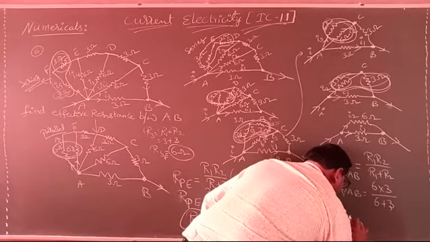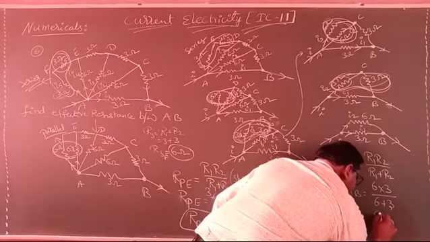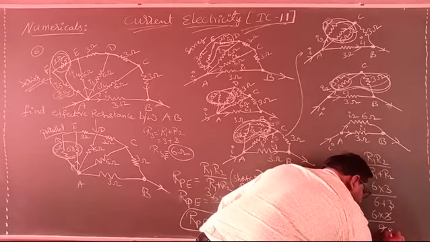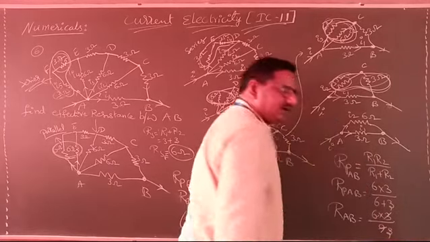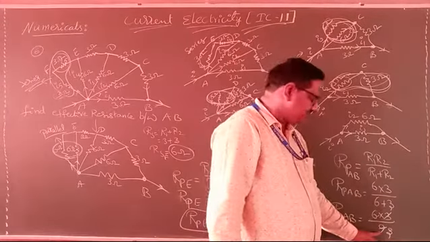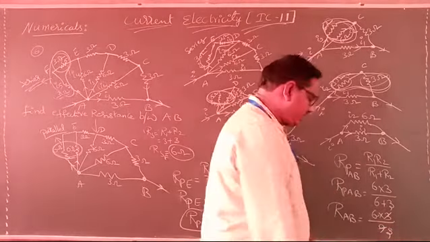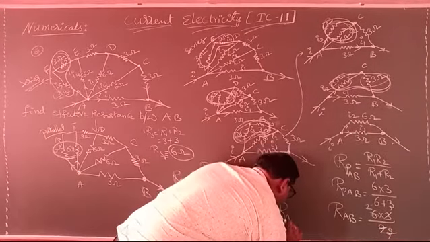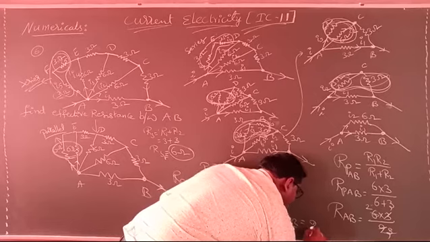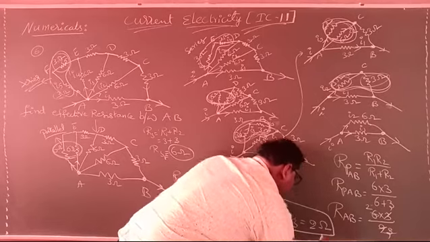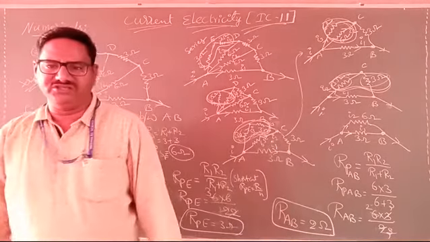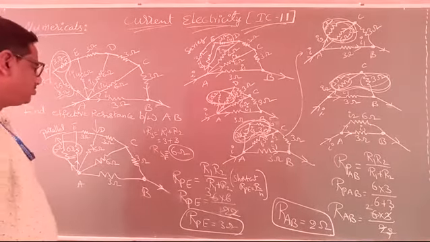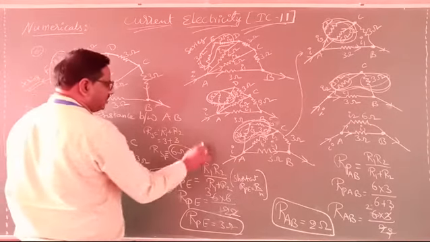So RAB equals 6 into 3 by 9. Here 3 times in 9 will get cancelled, so 3 will be here in 6, 2 times. So the final answer RAB, effective resistance between A and B, how much is it? 2 ohms. The circuits will be solved one by one. We will solve slowly. Okay, this is the circuit here.